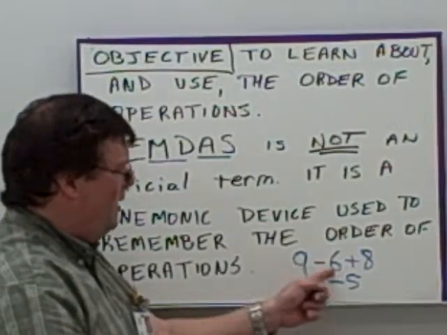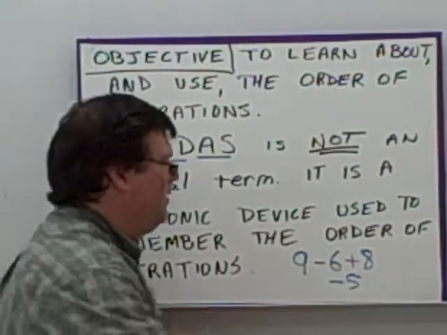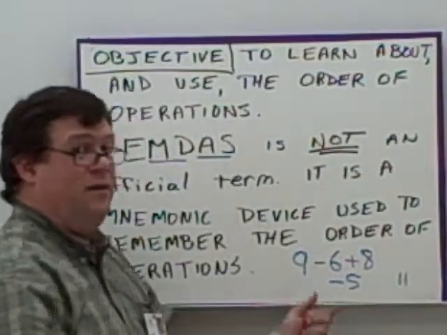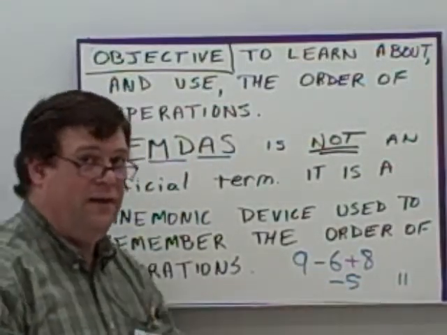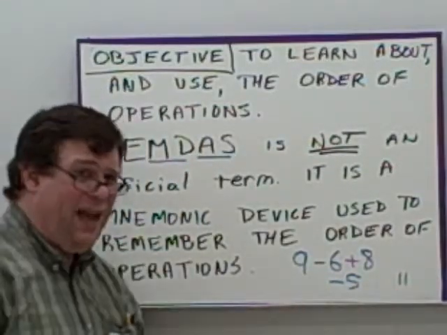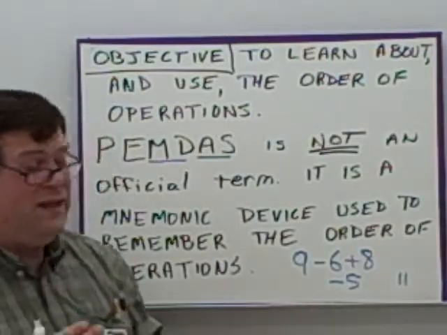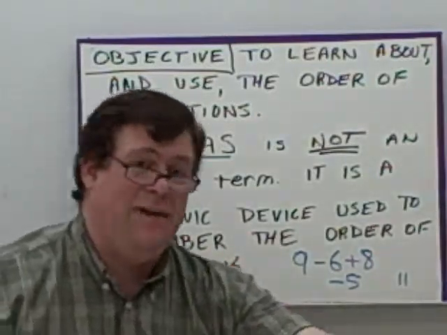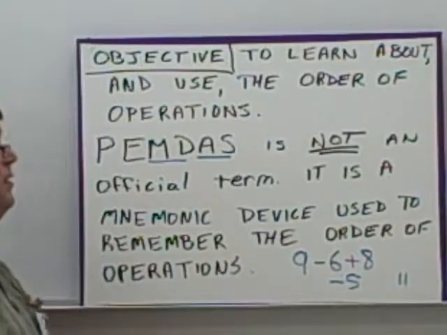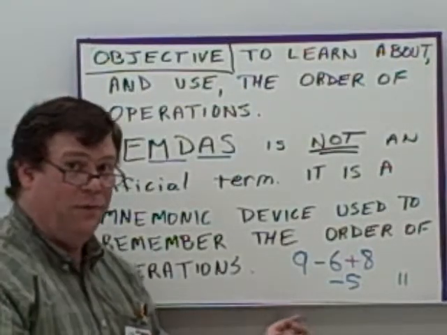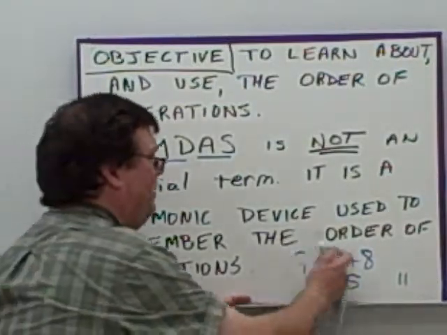But if you do 9 minus 6 and get 3, 3 plus 8 would give me 11. Same problem, two different answers. There has to be a standard so that everyone looking at the same problem will get the same answer. If not, you're going to end up having chaos in the world because math prevents the chaos.